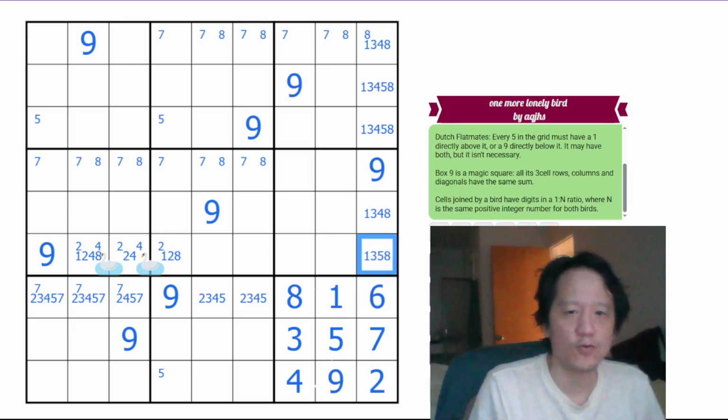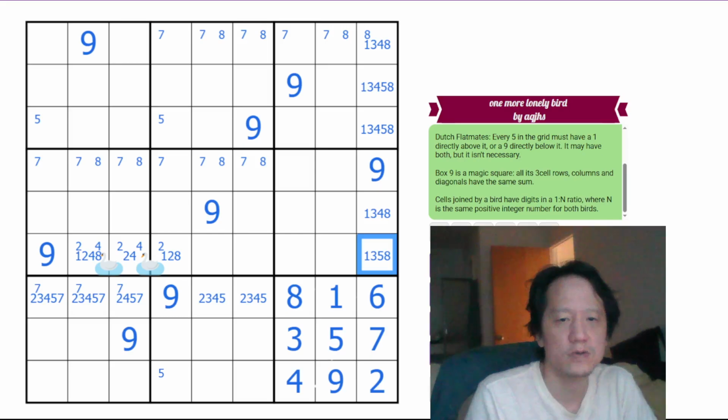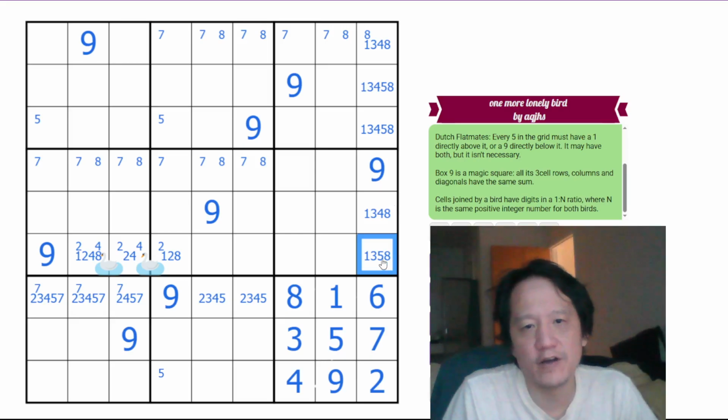This can't be 4 because of 4 in the row. Where can 5 be? 5 can be here, here, or here.